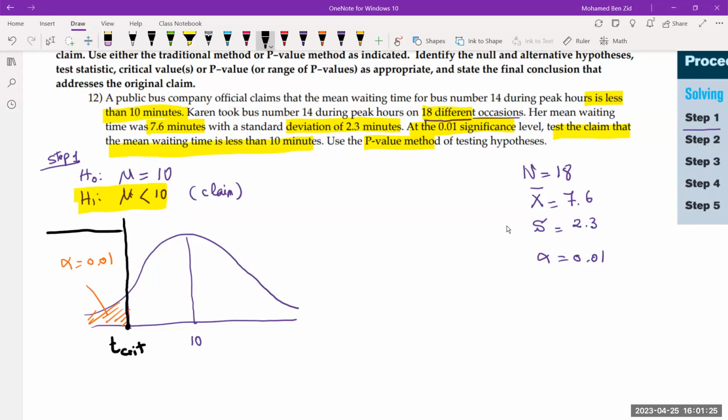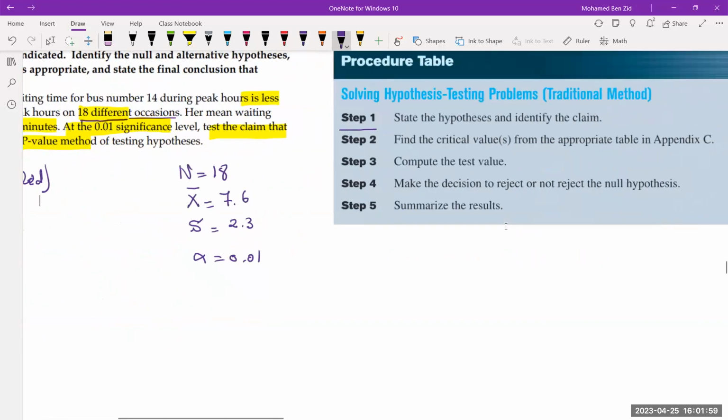And of course, you are rejecting H0 here, and from the other side, do not reject, right? This is the left tail if you need it. From this one, we're going to move on to step 2.